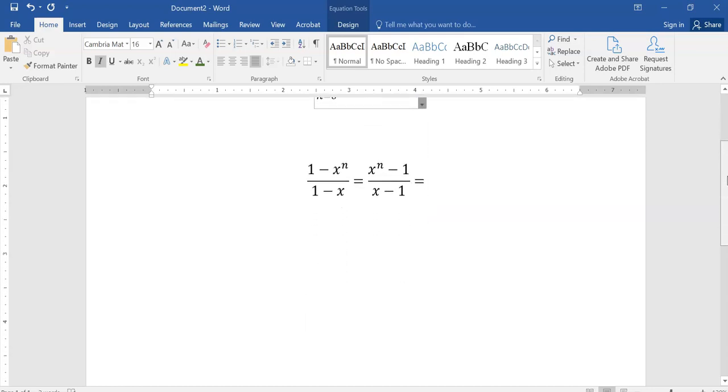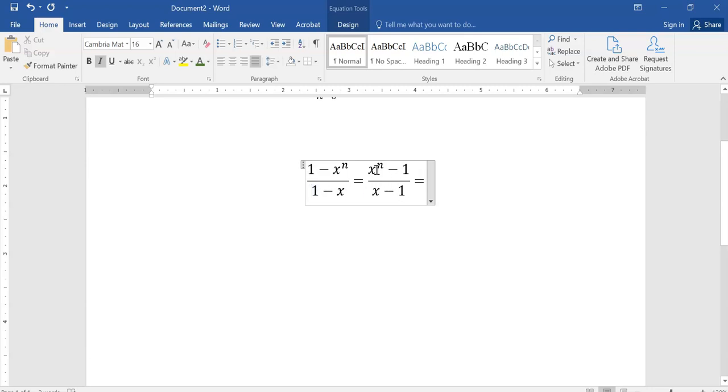So if you think about it, take the polynomial 1 minus x to the nth. Now this n could be 4, 5, 6, doesn't matter, and divide it by 1 minus x. Well, when you do that, you could have also taken x to the n minus 1 and divided by x minus 1. That's just multiplying top and bottom by a -1.